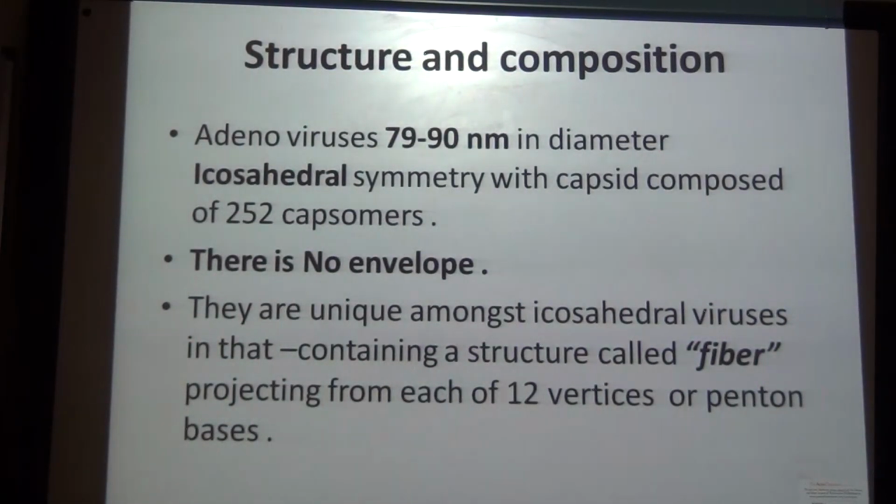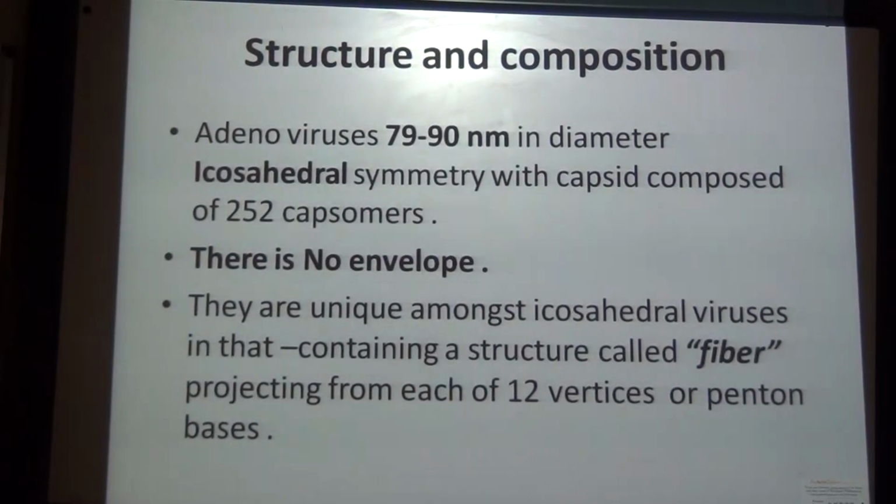This is the shape or morphology of the virus, and as you know, the virus is covered by a protein coat which is known as the capsid, and in this case the capsid is composed of 252 capsomeres, which are the subunits of the capsid. And the important thing is that the virus is non-enveloped. There is no envelope in adenoviruses.